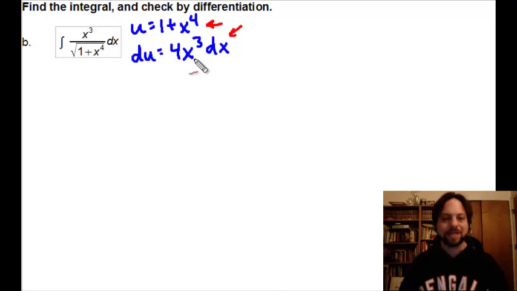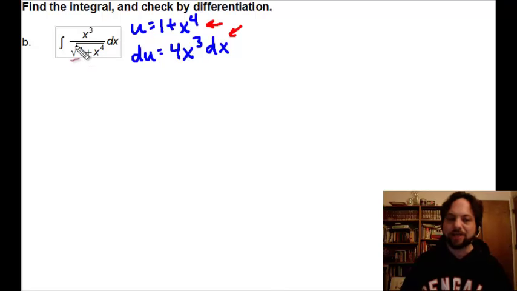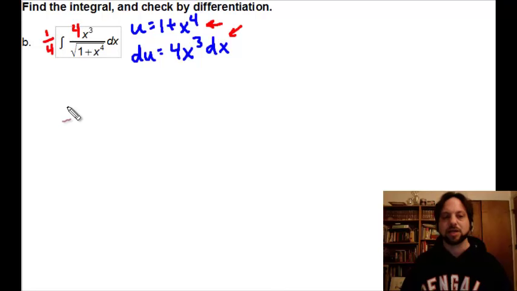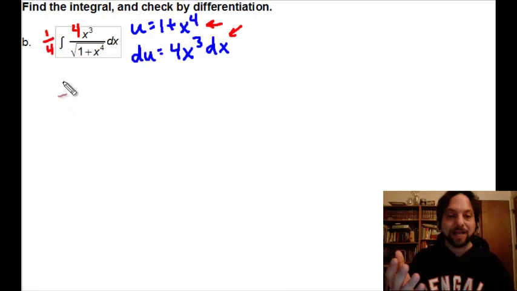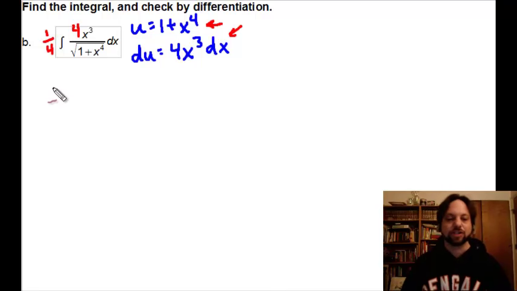I need 4x cubed, and I certainly don't have 4x cubed. Well, close enough though. I do have x cubed, and what I could do is just multiply that by 4, so long as I throw a 1/4 on the outside. Harmony and balance, they're both there, and everything is good.